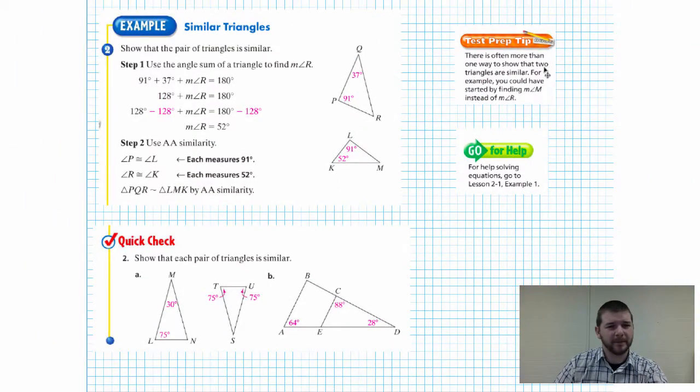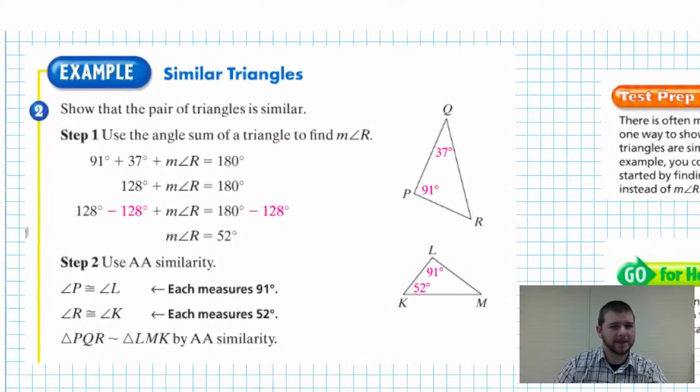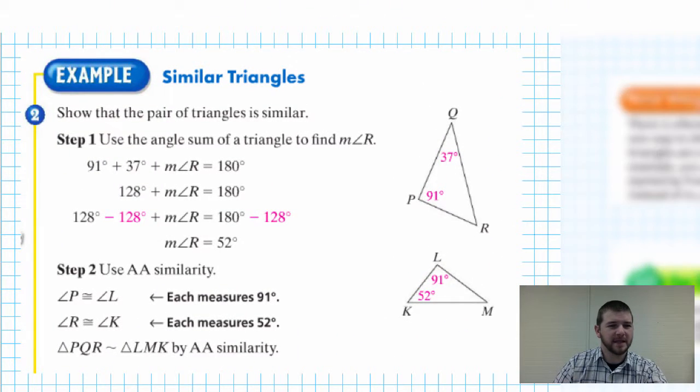Another example problem, example 2, regarding similar triangles. The directions say to show that the pair of triangles is similar. So we know about this angle-angle similarity and we're going to use that in order to show that these two triangles are similar. So we have a triangle at the right, a triangle PQR, with two known angle measures, 91 degrees and 37 degrees, and the triangle KLM below, with one angle measure of 91 degrees and one angle measure of 52 degrees.